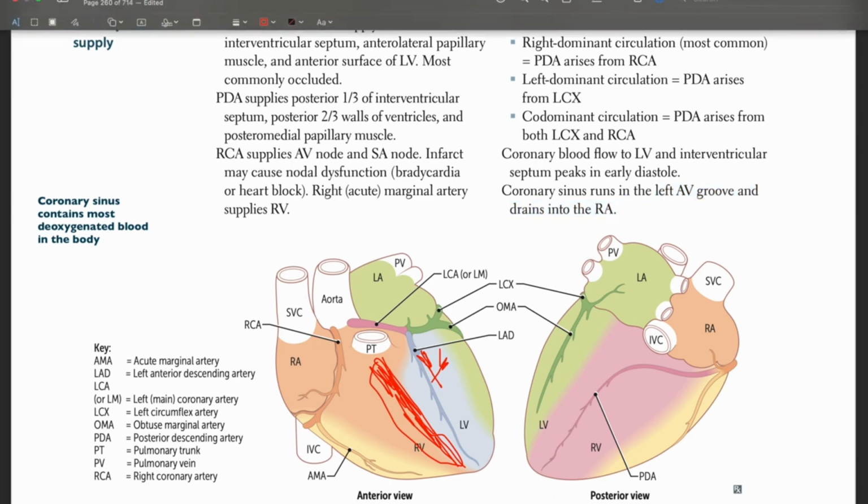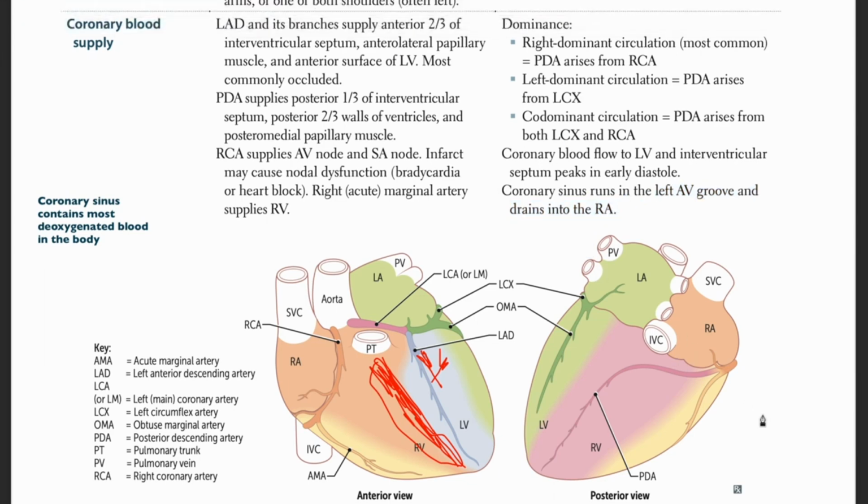So what it means is, when the heart starts pumping, it's using up all its energy, and the muscles are going to require blood that's oxygenated, right? And there's an increase in resistance because it's contracting as well.